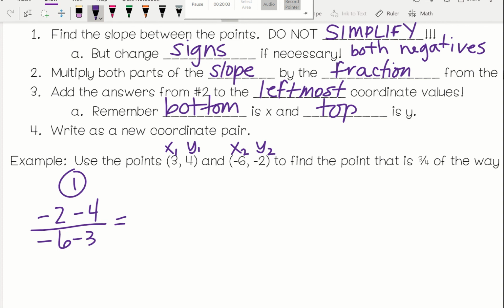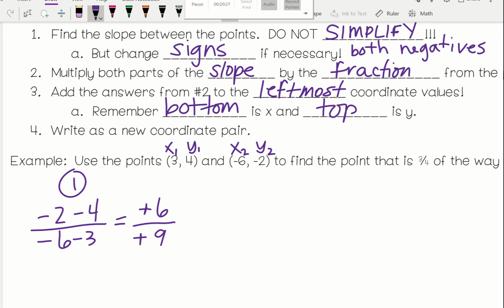What's negative 2 minus 4? What's negative 6 minus 3? Negative 9. Do not simplify it to 2/3. The only thing you should do is change your negatives to a positive. Positive 6 over 9.